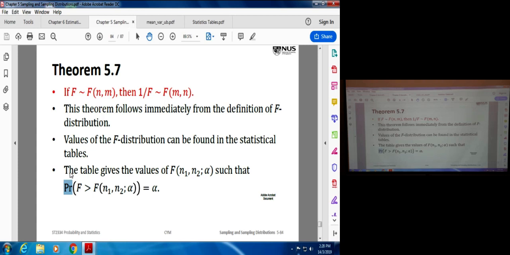You have the PDF, and the f-axis, which is the range of support of the associated random variable. Capital F, N1, N2, semicolon, alpha, is just the value on the f-axis which corresponds to the probability of exceeding that point being precisely alpha.